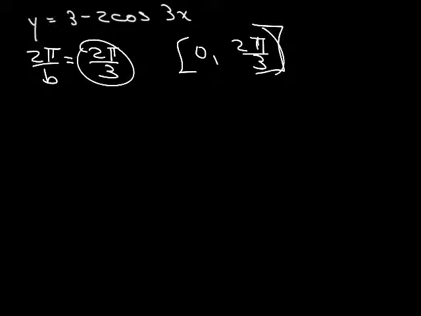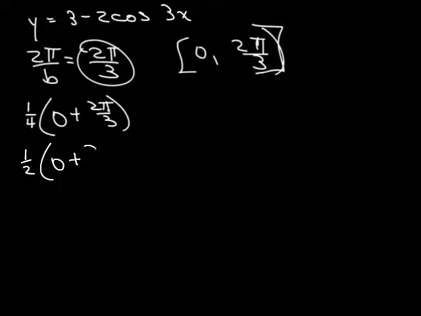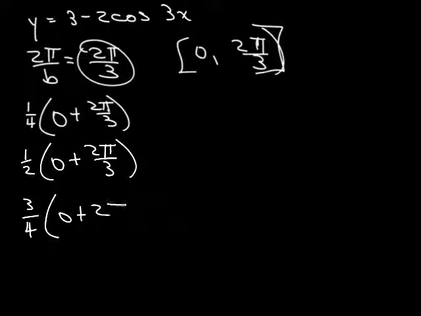So now I have to take 1/4 times 0 plus 2 pi over 3. 1/2 times 0 plus 2 pi over 3. And 3/4 times 0 plus 2 pi over 3. So actually we could just erase the zeros there.